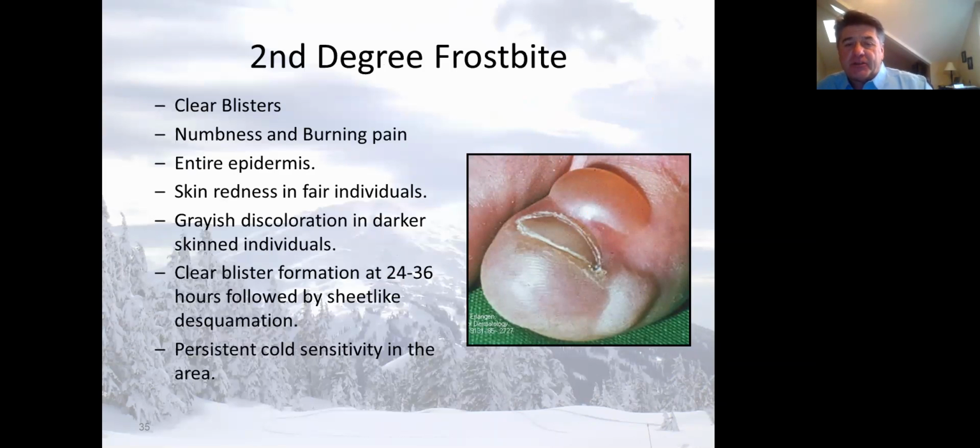It's a clear blister, and it usually forms like 24 to 36 hours after the exposure. And there's persistent cold sensitivity in that area. Sometimes if you've gotten frostbite, you're going to have susceptibility to get it again at a much lower temperature, but also you might have that pain associated with frostbite all the time when you go out into the cold.